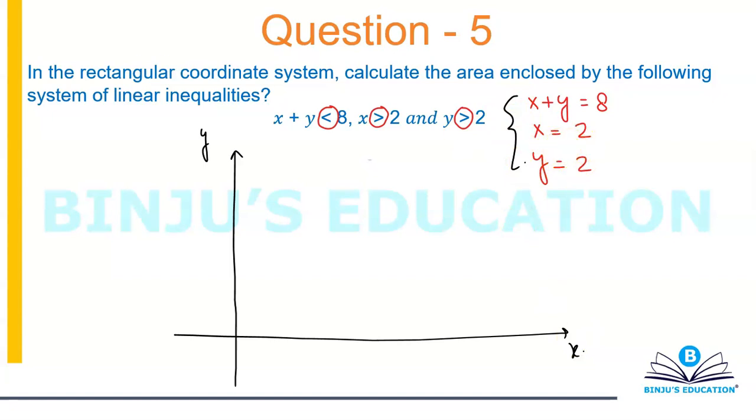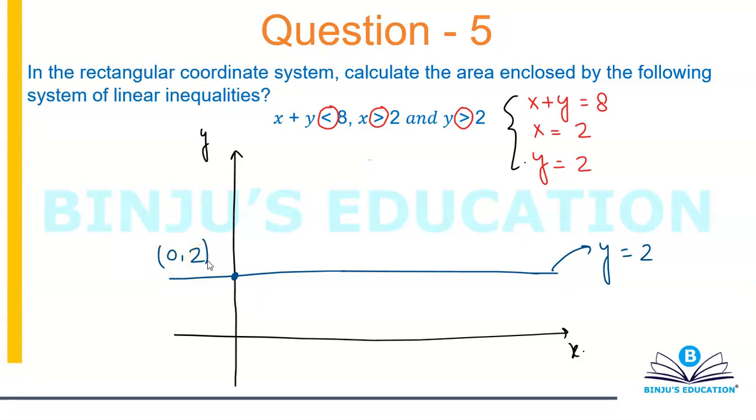I'm going to start with the easier ones first, x is equal to 2 and y is equal to 2. So y is equal to 2 would be a line something like this, and it is going to pass through 0, 2.